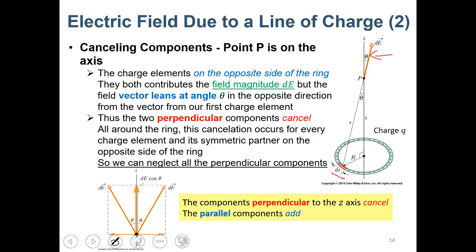It is not perfectly parallel with the z-axis. However, because it is a perfect circle, you can find an element which is opposite to it, and then you will generate an E field like this.